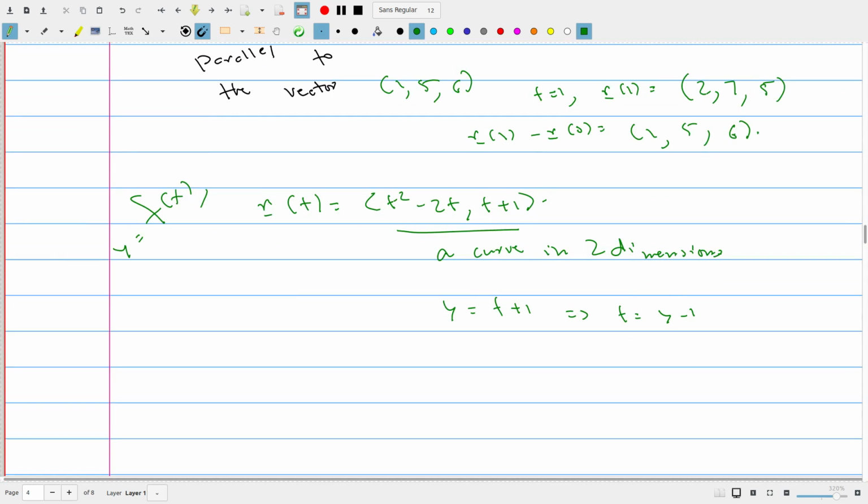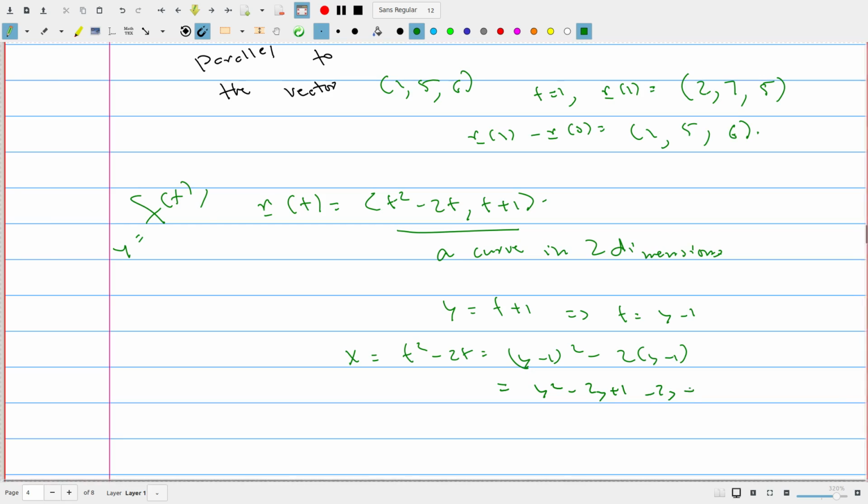And then x equals t squared minus twice t, which is the same as (y minus 1) squared minus 2(y minus 1), y squared minus 2y plus 1 minus 2y plus 2, or y squared minus 4y plus 3.